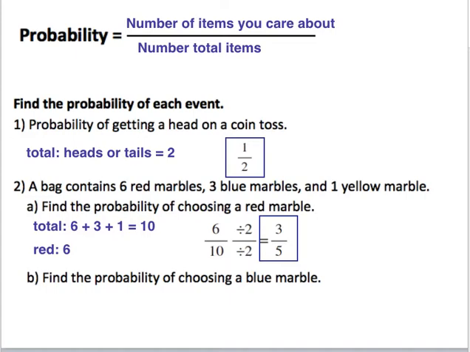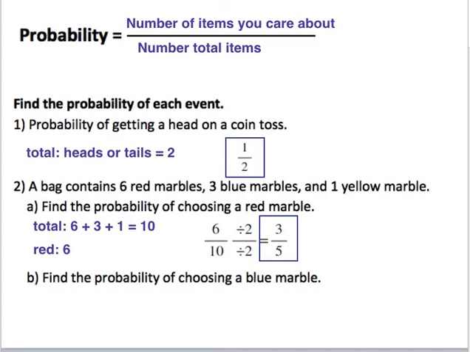Quick note that if you get a probability fraction that can simplify, for example, this 6 and this 10 can both divide by 2, then you must simplify that fraction. So your final answer is that the probability of blindly choosing a marble from the bag and getting a red one is 3/5. If you choose 5 times, you'll probably get 3 red marbles out of those 5 tries.